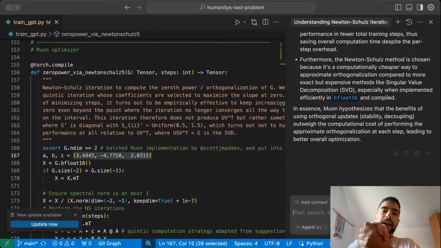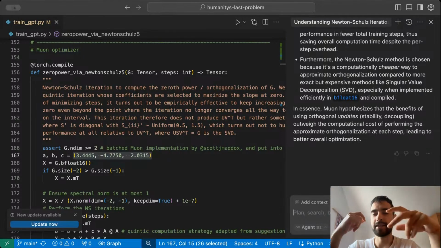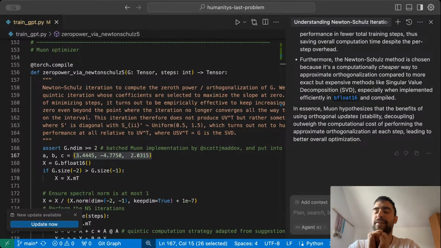I guess we are getting to the orthogonal matrix that's most similar to the starting matrix. And this function, the convergence function, is just a 5th degree polynomial approximating the convergence function. So the resulting orthogonal matrix will also be an approximation.